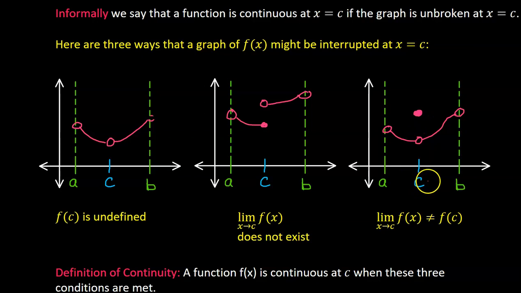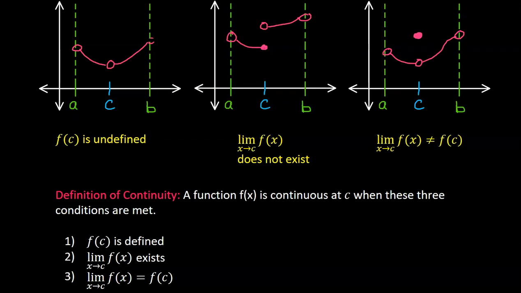The only problem is the limit as x approaches c and the value of the function at c are not the same thing. So that is another way that the graph can be broken, if the limit as x approaches c does not equal the actual value of the function at c. You get this little jump right here, which is a break in the graph. This is a discontinuity.